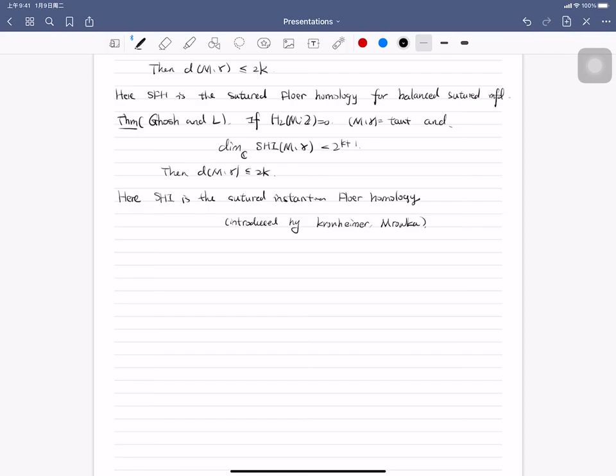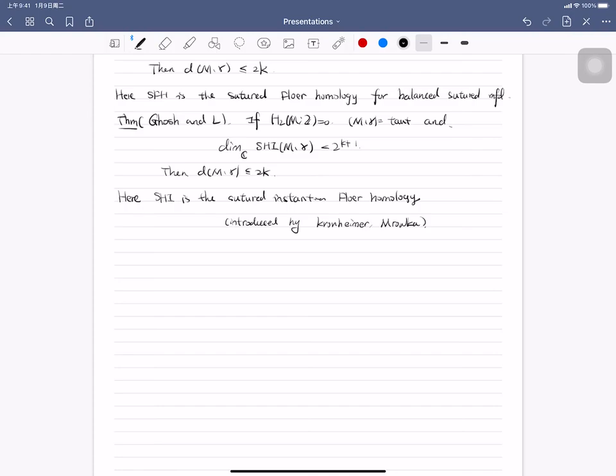Okay, so we can bound the depths for taut sutured manifolds.